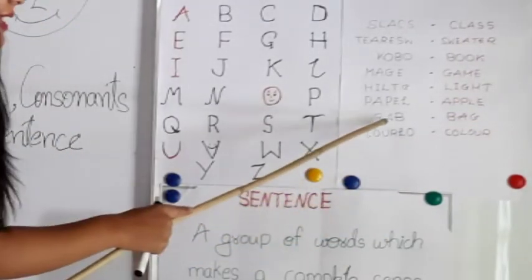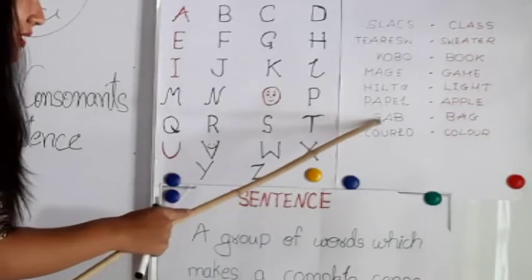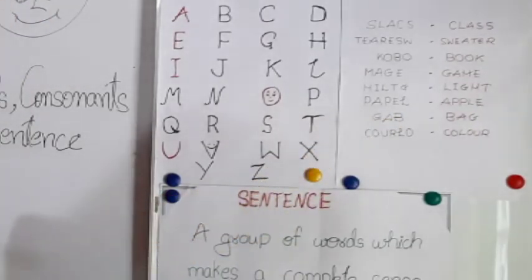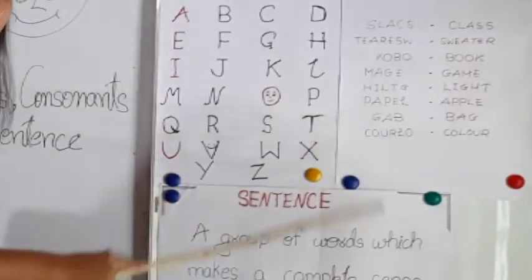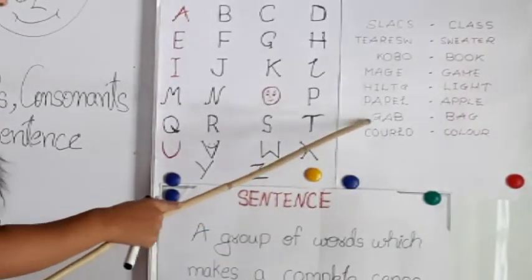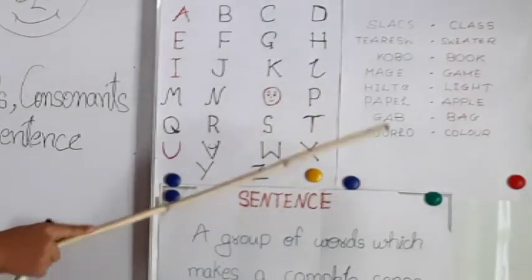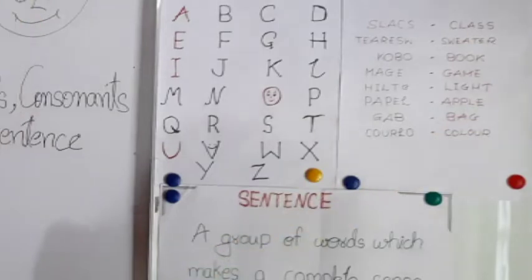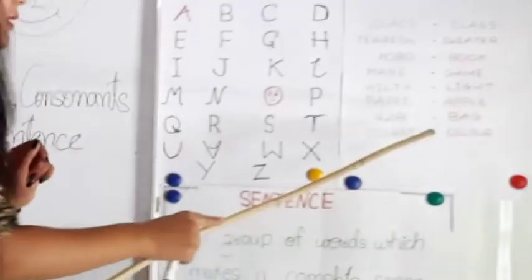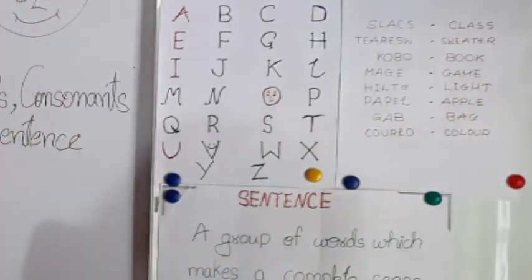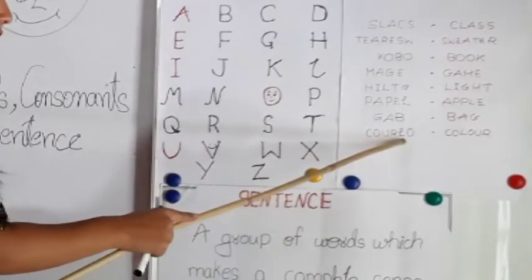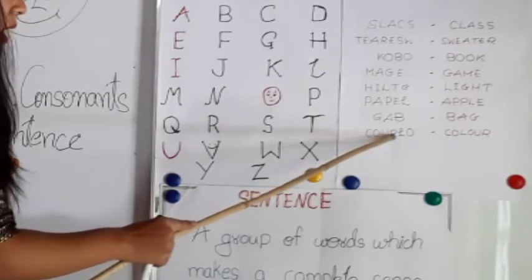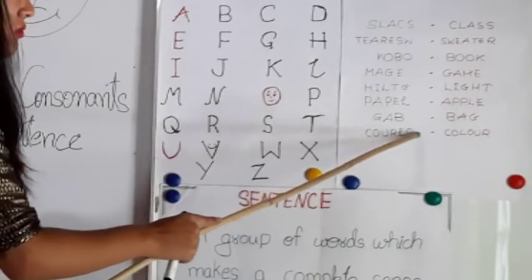Now let's go to the second last word. G-A-B. Gab. Does it have any sense? No, it does not have any sense. But B-A-G, bag, gives meaning, so it is a word. Now we have the last word. C-O-U-R-L-O.